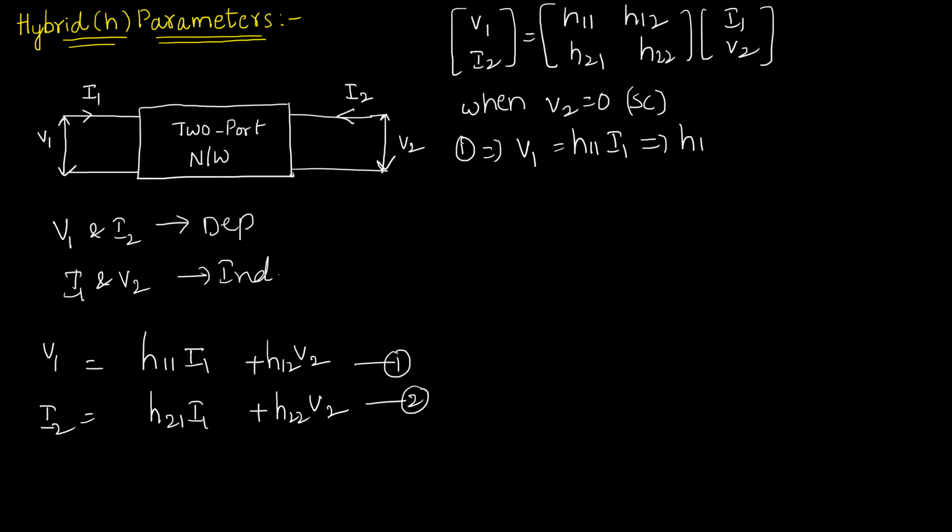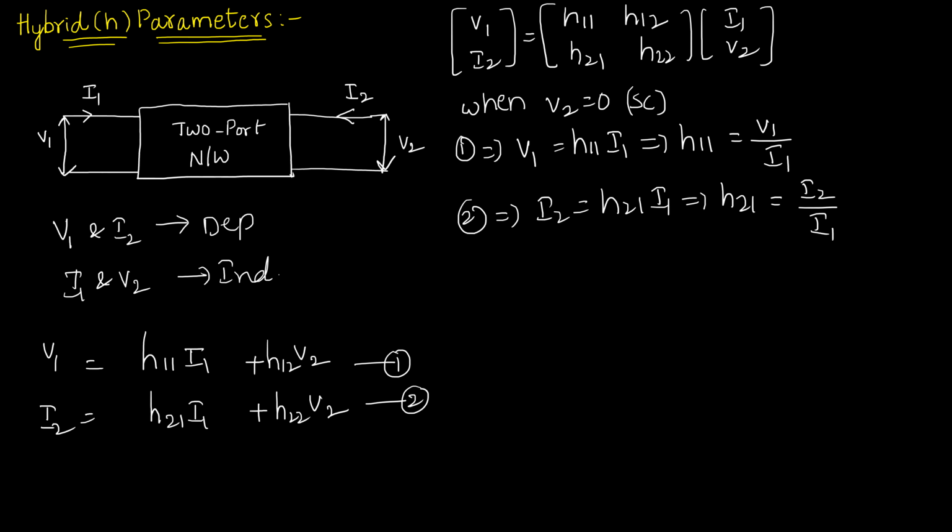So H11 is V1 by I1. Now from the second equation, I2 equal to H21 I1, so H21 is I2 by I1. So under the V2 equal to 0 condition, we can find the H11 and H21 parameters.